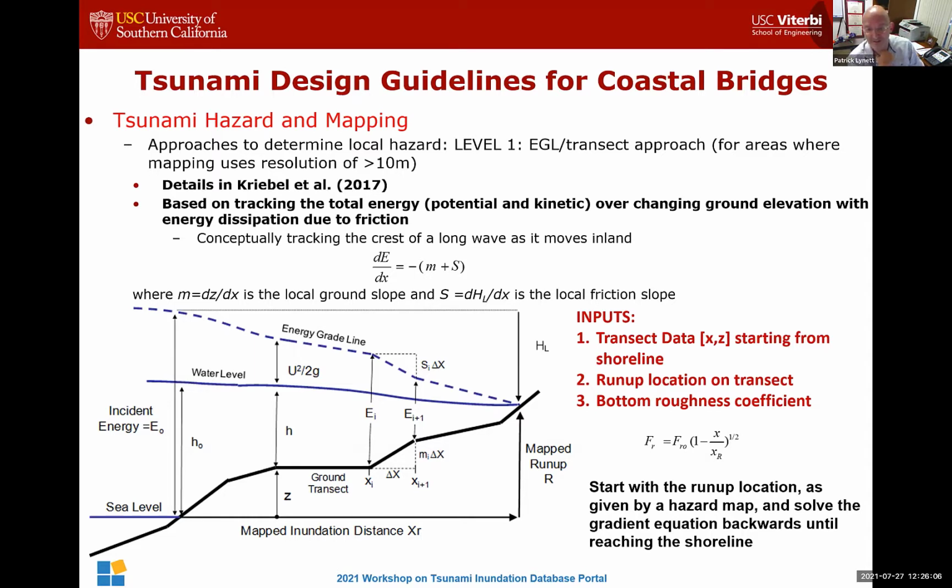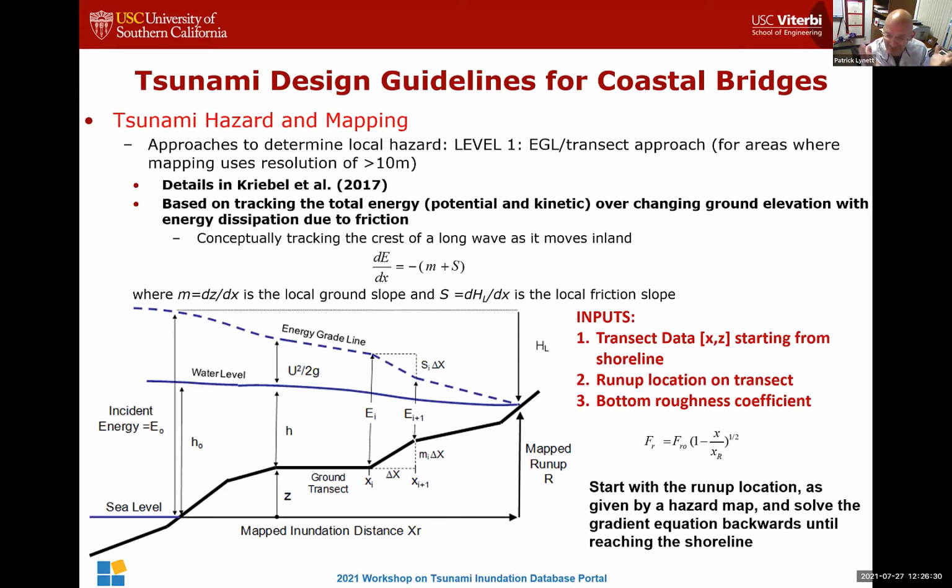Okay, so the energy grade line method was primarily developed for ASCE 7, chapter 6 in ASCE 7-16, which deals with determining tsunami loads on structures. Dave Kriebel was the original developer of this, and myself and a number of others who were part of that tsunami subcommittee contributed to it.